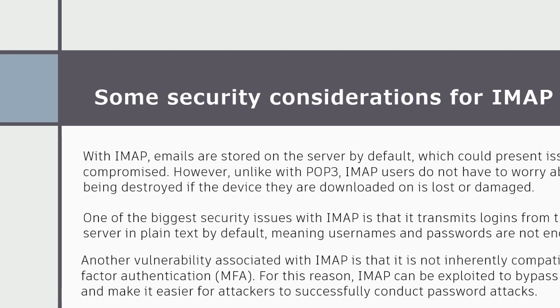Another vulnerability associated with IMAP is that it is not inherently compatible with multi-factor authentication. For this reason, IMAP can be exploited to bypass MFA requirements and make it easier for attackers to successfully conduct password attacks.